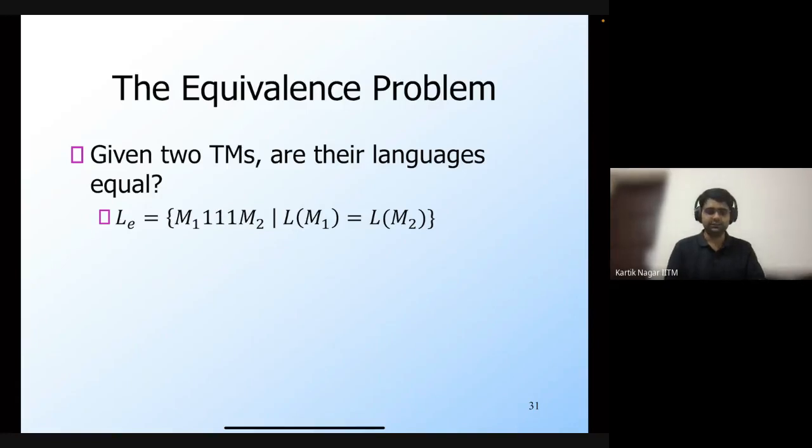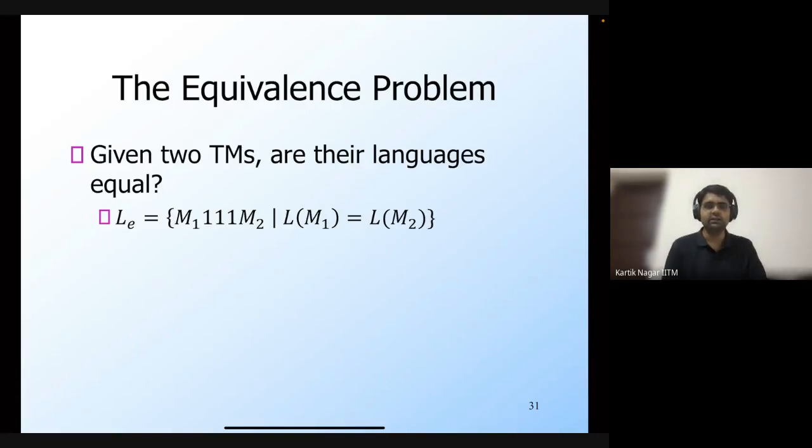And I use the separator 111 in order to separate the encoding of M1 from the encoding of M2, because as we saw earlier, there cannot be three consecutive ones in any binary encoding. So that's how we designed the encoding of a Turing machine. So M1 111 M2 such that language of M1 is equal to language of M2.